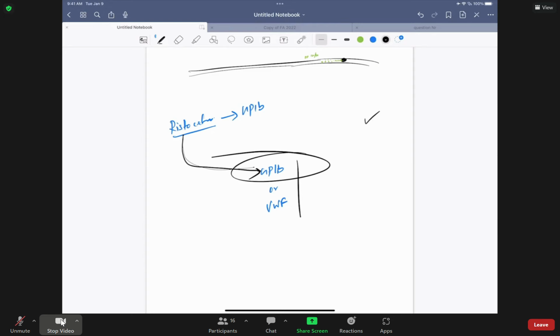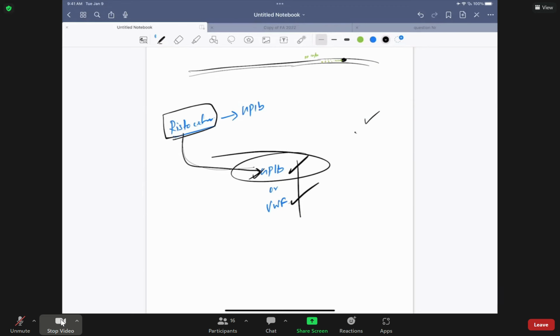Now, let me repeat again. If a patient has platelet adhesion deficiency, that's either this or this. Did we get that? Now, the minute we give ristocetin, if the situation gets better, that means if the platelet adhesion is happening after that, it's GP1B, because all this time GP1B wasn't there.